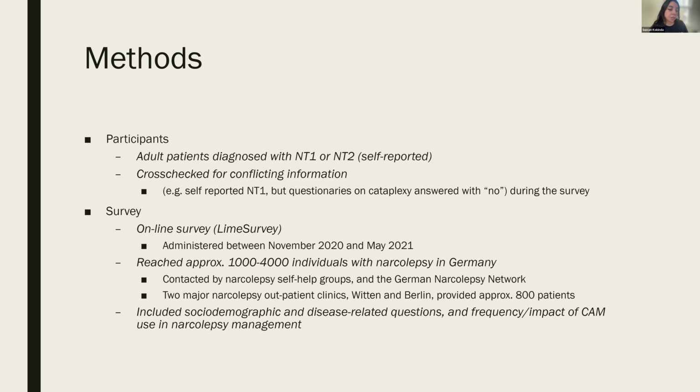So they did reach approximately 1,000 to 4,000 individuals total. The survey did include socio-demographic information, as well as disease-related questions and the frequency or impact of CAM in the management of their narcolepsy symptoms.